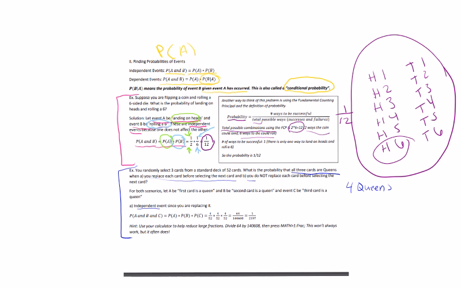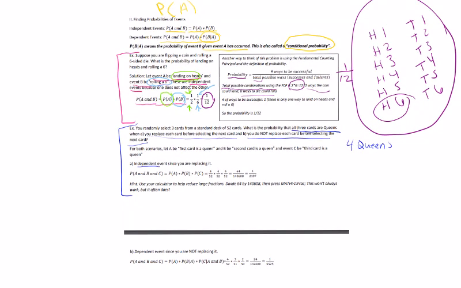And then for B, if you don't replace it, that's going to be dependent. For both scenarios, we're going to let A be that the first card is a queen, B is the second card is a queen, and C is the third card is a queen.